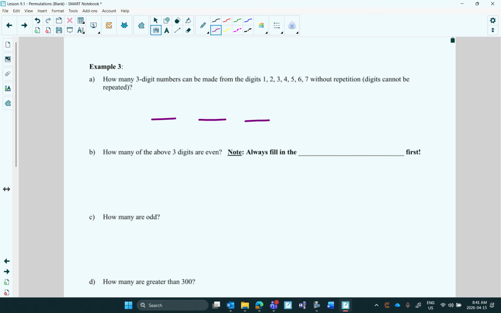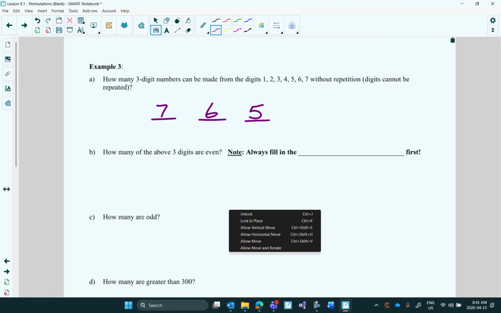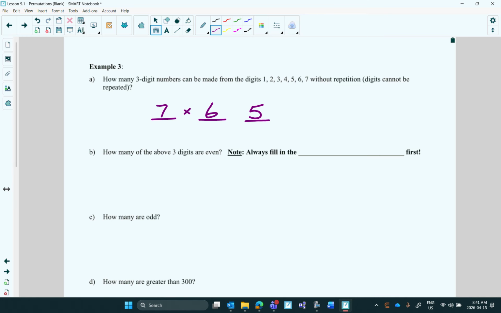And let's start with the first position. How many possible digits could I put in here? 7. Now I can't repeat, so I've used one up. How many possible ones are left here? 6, and I've used the second one up, then 5. Multiply. 210.